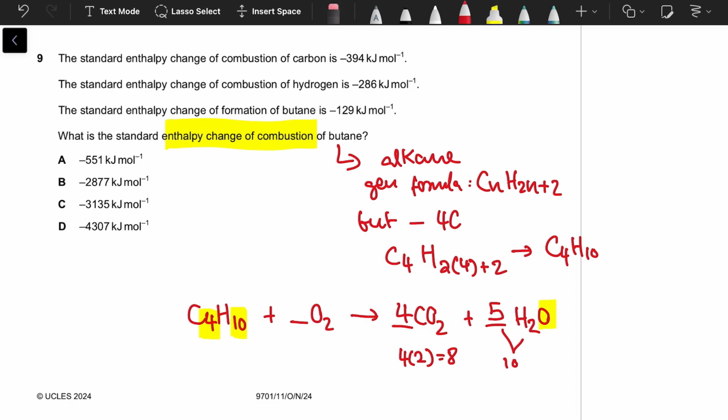So on this side, the number of oxygen is equal to 8 plus 5, which is 13. So we have 13 divided by 2.